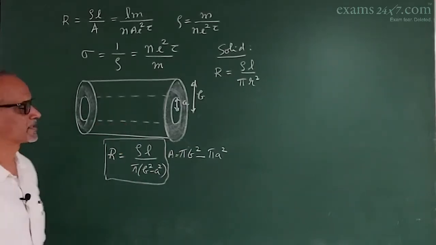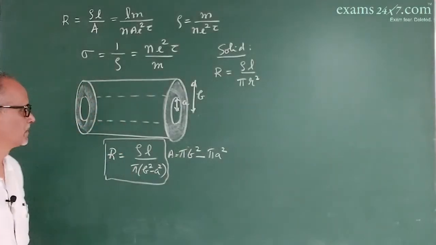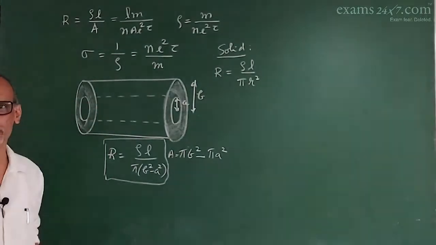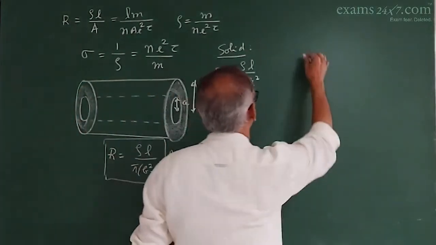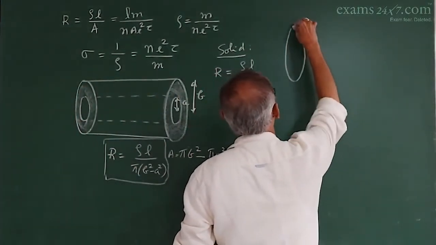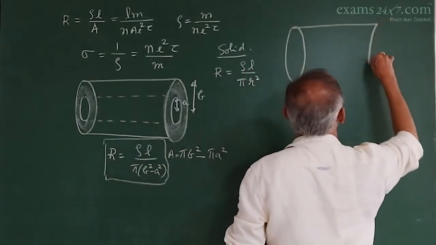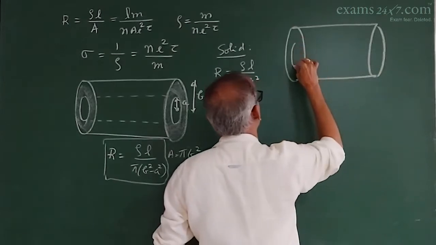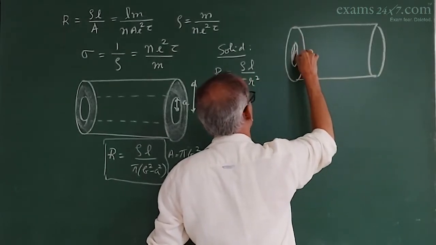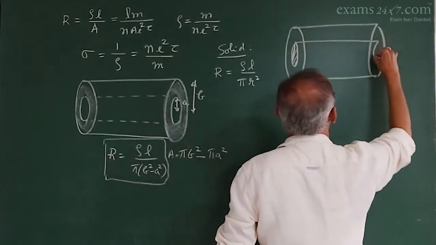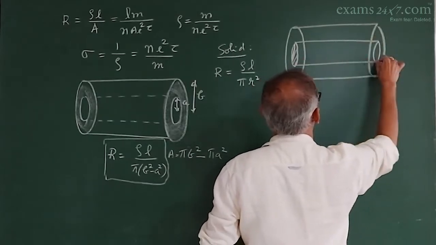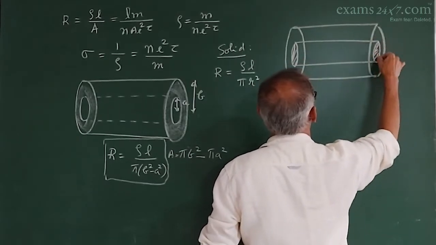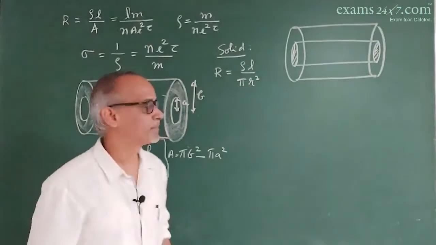So this is the expression for resistance of a hollow cylindrical wire. Now I am going to consider a composite cylindrical wire made up of two different materials.